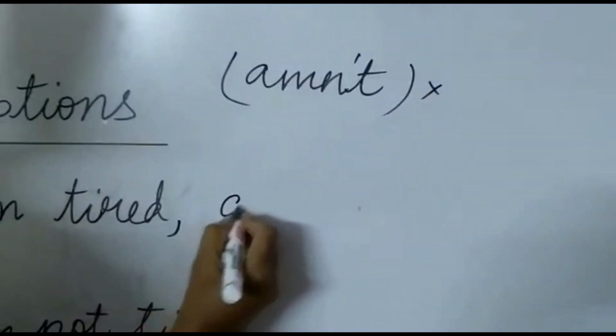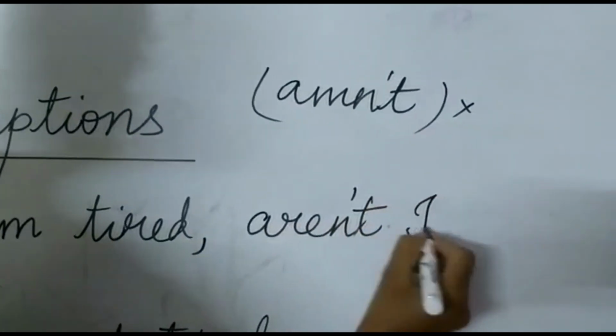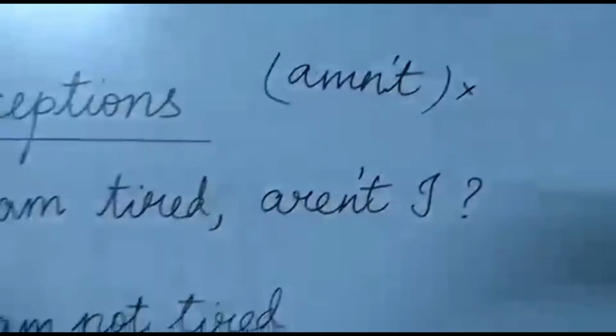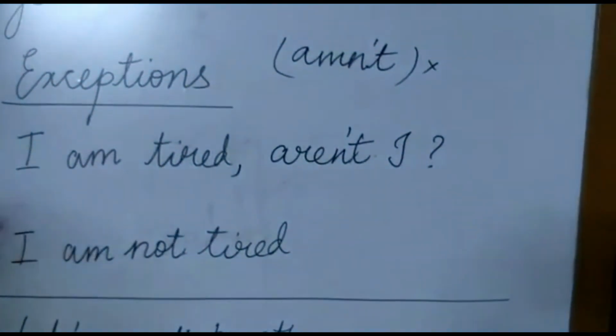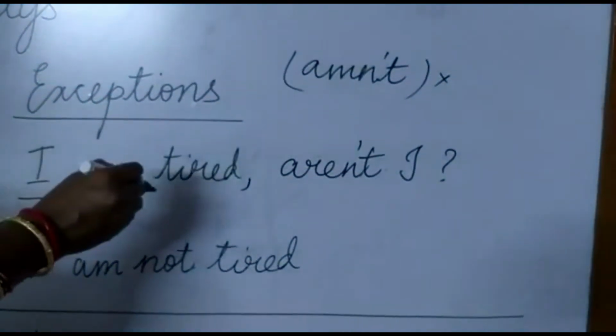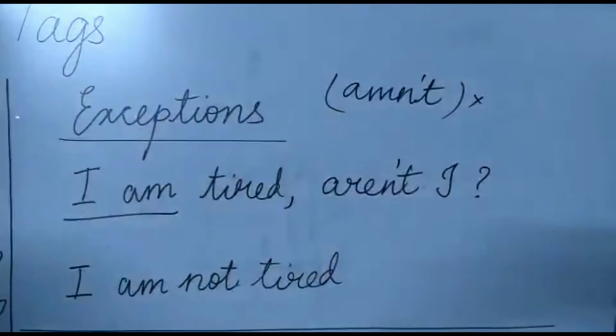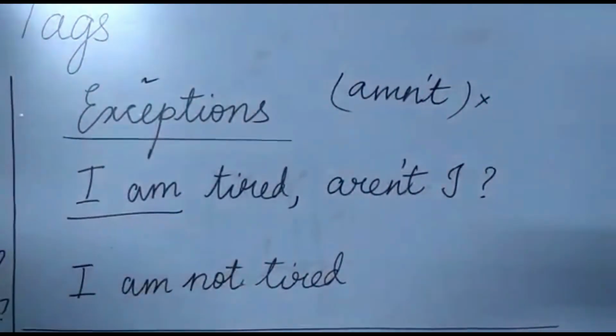You have to write "aren't I." So whenever there is a sentence starting with "I am" and it is a positive statement, you need to use "aren't I" as the question tag. This is one of the exceptions.